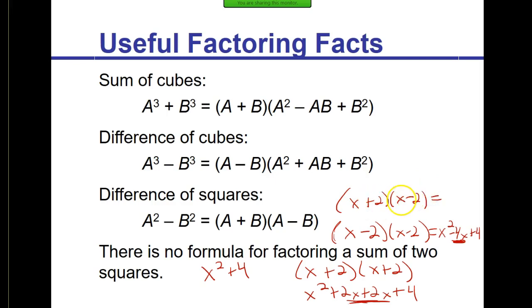But, oh wait, we already know when we multiply conjugates, I'm going to get a difference of squares. So there's no way to break down a sum of squares. Okay? It's not factorable, it's prime. So the only three you have to look out for are a sum of cubes, a difference of cubes, and a difference of squares. A sum of squares is always prime.